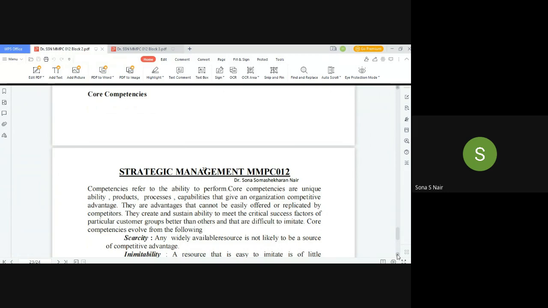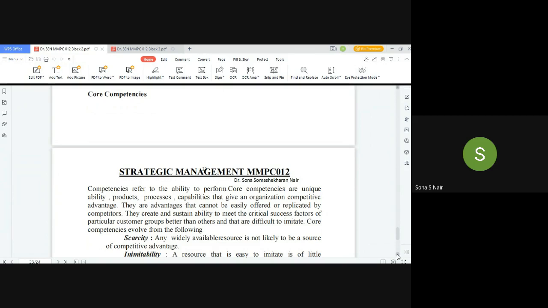It refers to unique abilities, products, processes, capabilities that give an organization competitive advantage, that means advantage over the competitors. And these advantages cannot be easily offered or replicated by the competitors. So, over a long period of time, they give the organization an edge over the competitors.